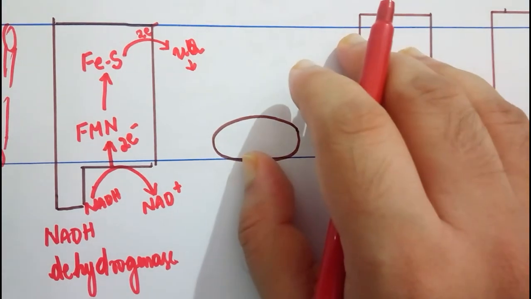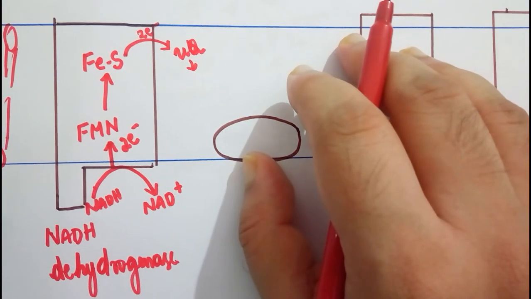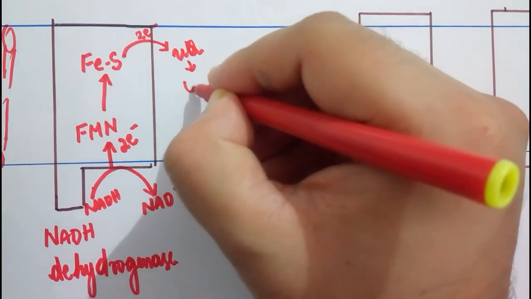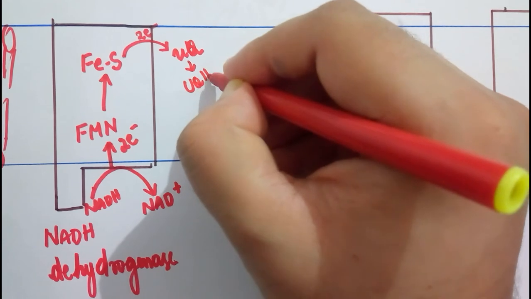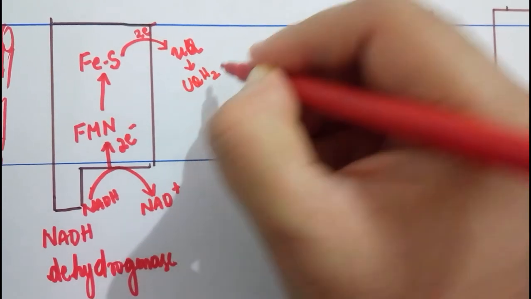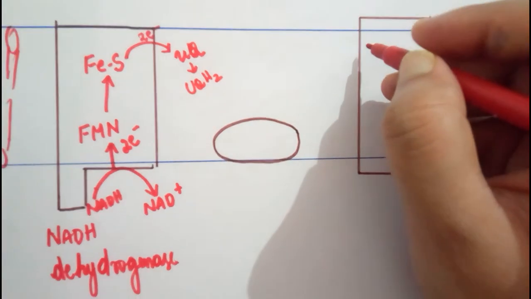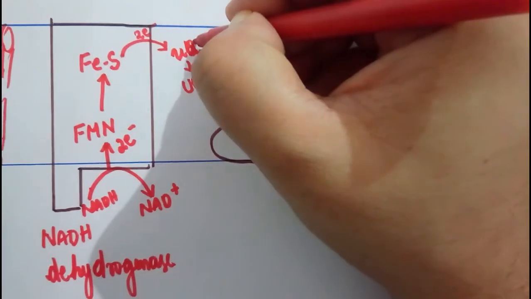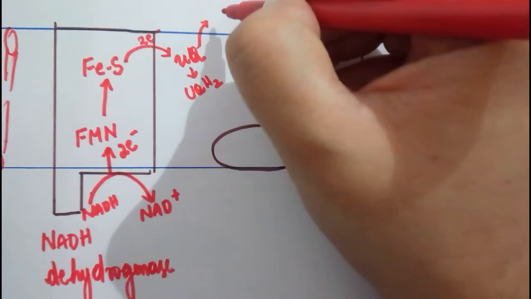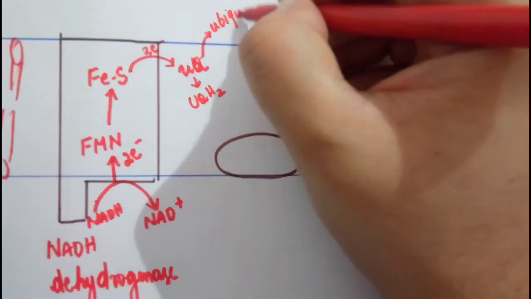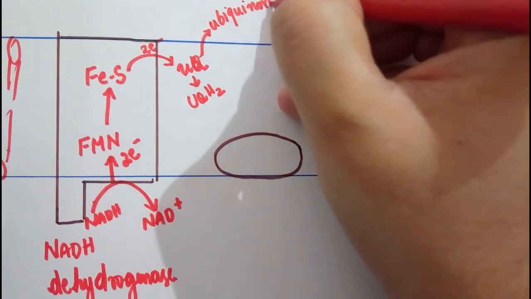Ubiquinone is reduced; I am writing the reduced ubiquinone as UQH2. This is called ubiquinol, and this is ubiquinone. I'll write it here so there'll be no confusion later on.